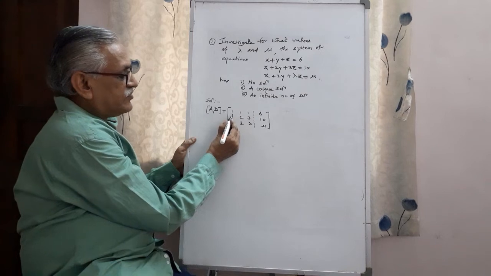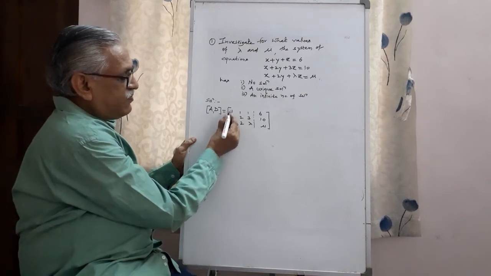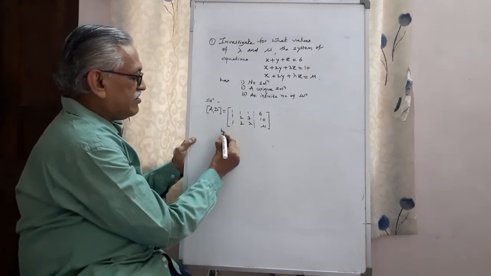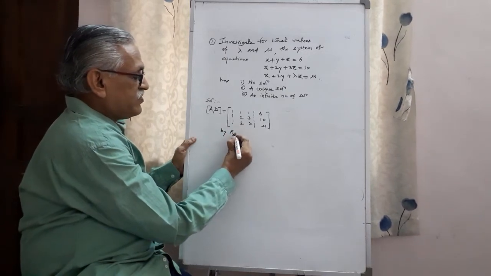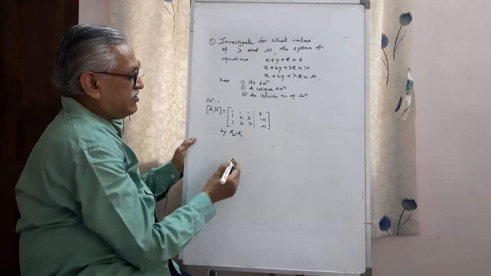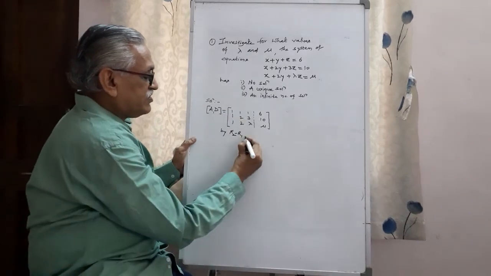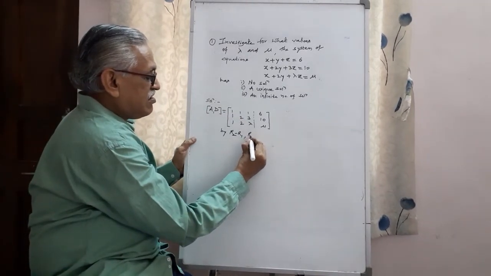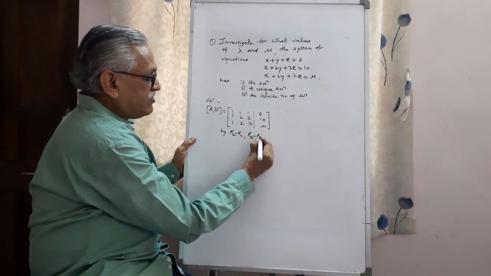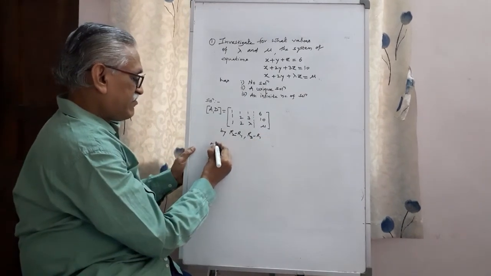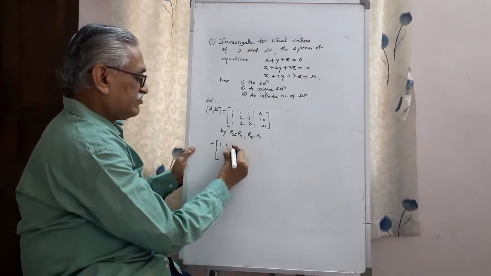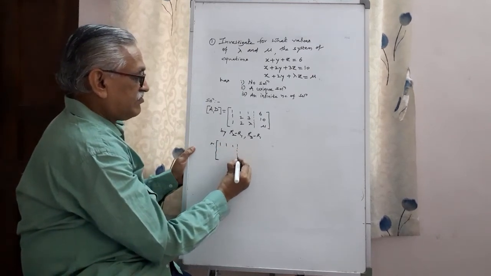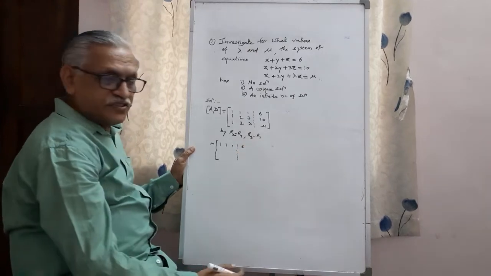Therefore, converting this to zeros with the help of this one by transformation, R2 minus R1 and R3 minus R1. First row no change.